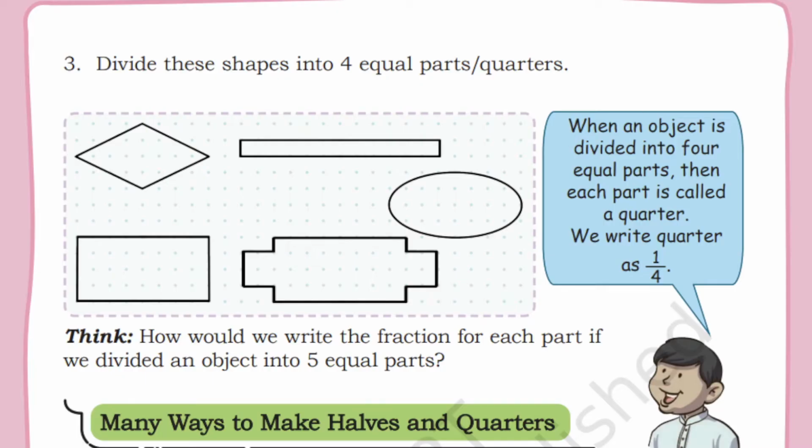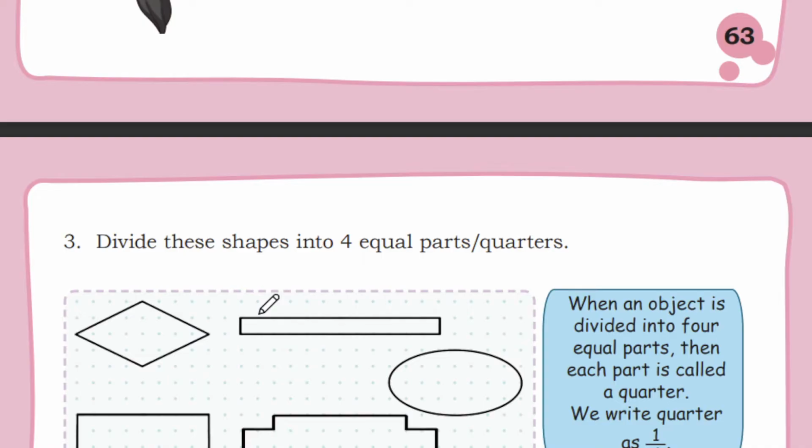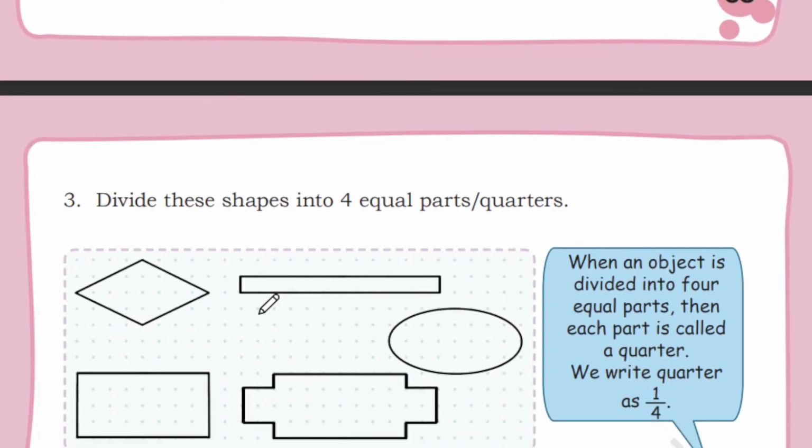So let's see the quarter now. I'm going to put a dot. So we can divide this into 4 equal parts. Again, students, kindly use a scale to do this. Okay, this is 2 equal parts. Now we have to make 4 equal parts. Each part is called 1 quarter. Okay. And this one. Okay, 1 minute.